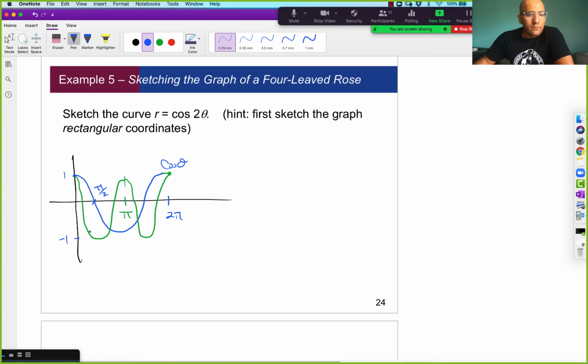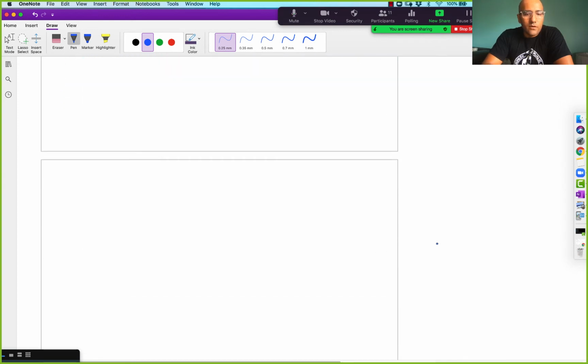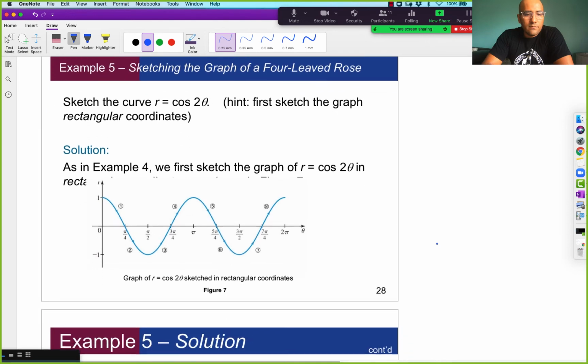And then from pi over 2 to pi, it's going to start off at negative 1, come back up to 0, and then go all the way back up to 1 in quadrant 2.